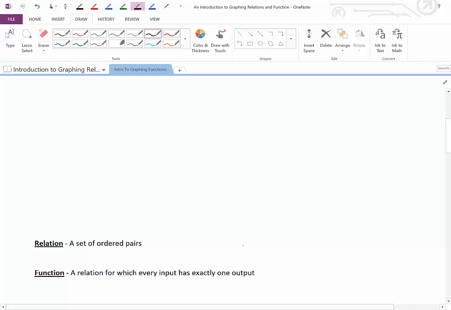We've looked at the symbolic representation of functions so far. We write y equals f of x. That's our symbolic representation of a function in which you produce ordered pairs from this type of symbolic notation, which look like x comma y's, or if you prefer, x comma f of x's.